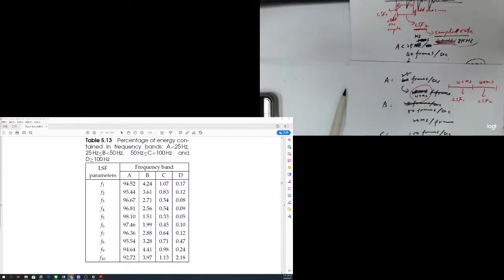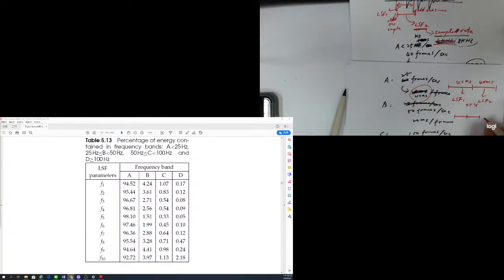You can see a maximum of around 95%. If you go up to 50 hertz, you have 50 frames per second to do the line spectrum frequency.